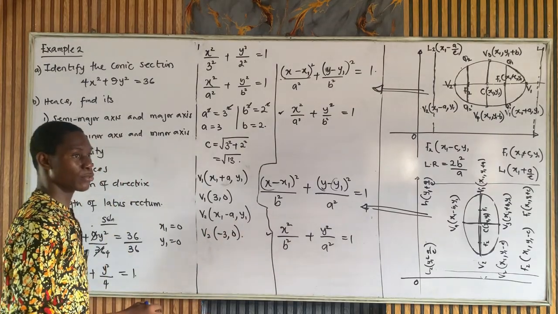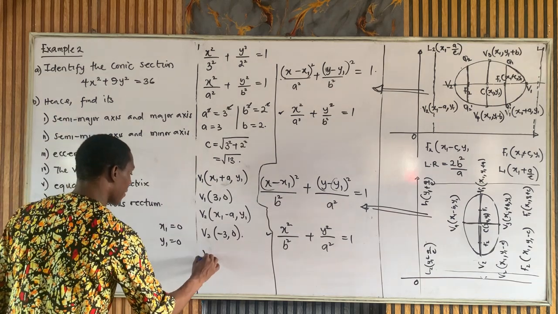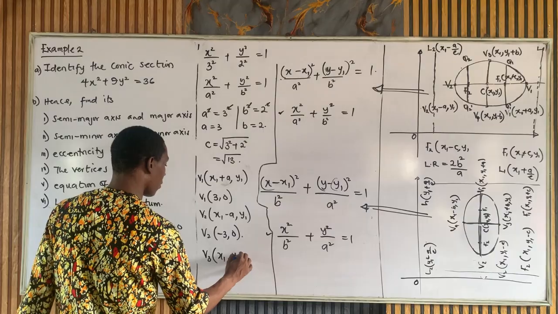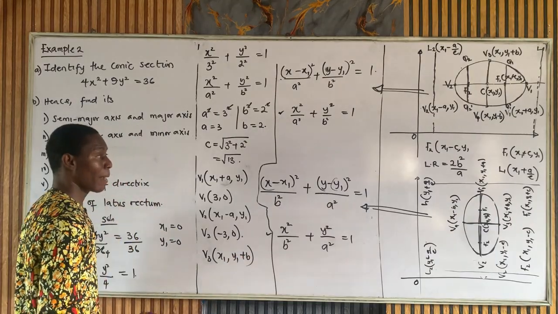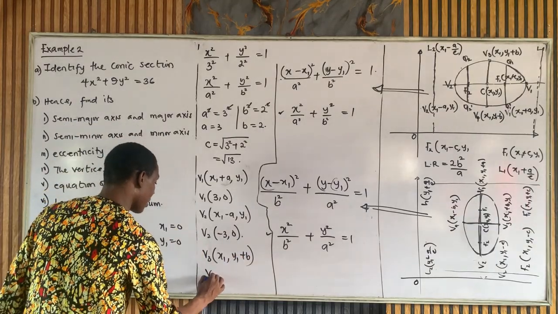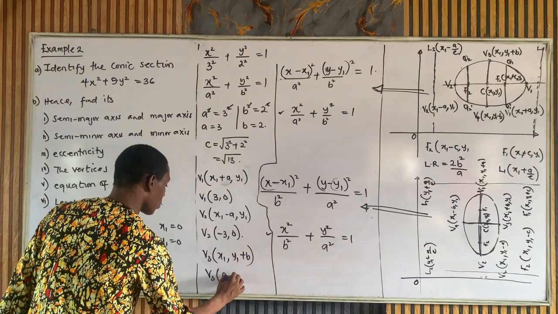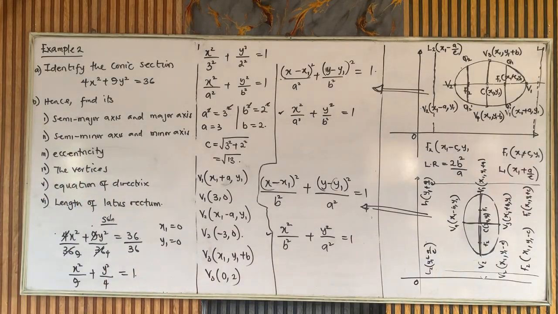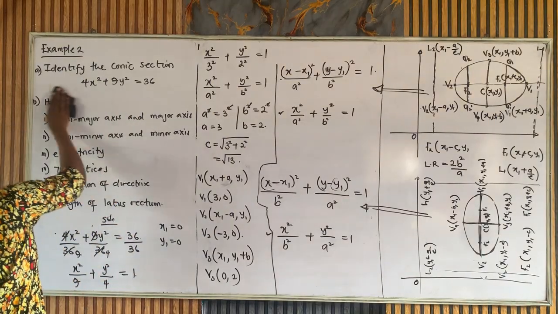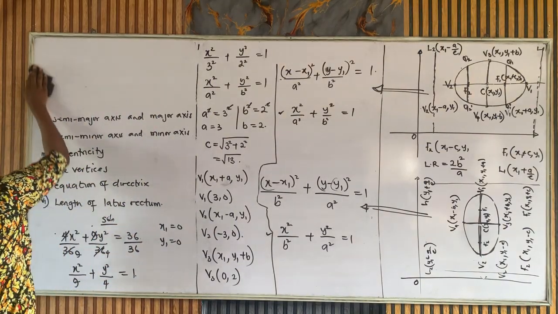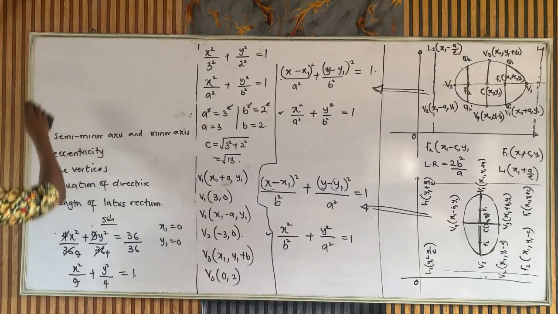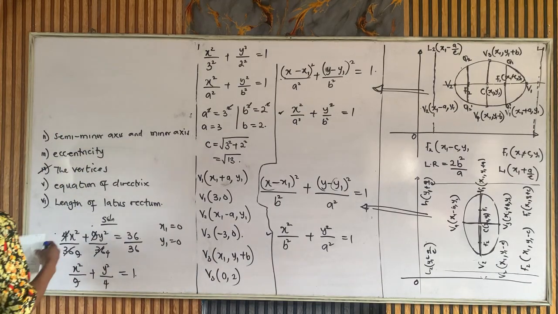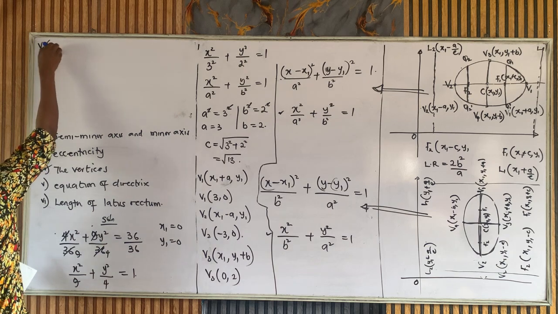With our V1 and V2 done, let's get our V3. Our V3 is x1, y1 plus b, and our b here is 2. So our V3 is simply 0, 2. Now let's go to our V4. I'll be erasing this, so I choose to take the vertices first.